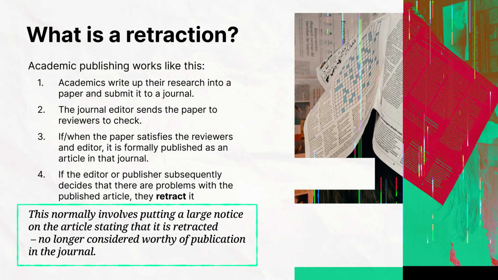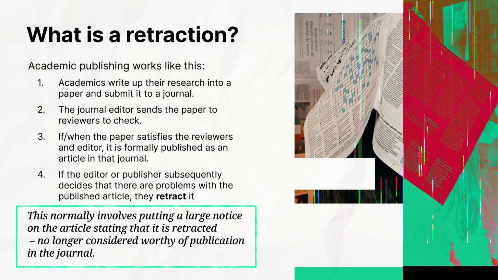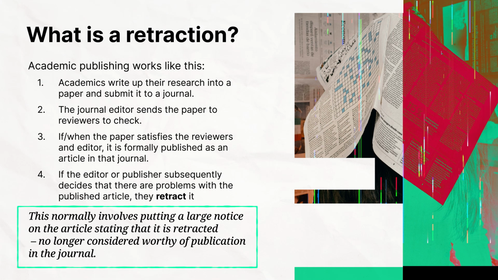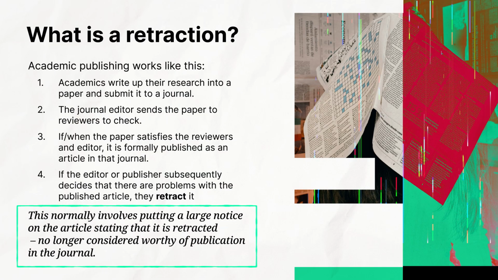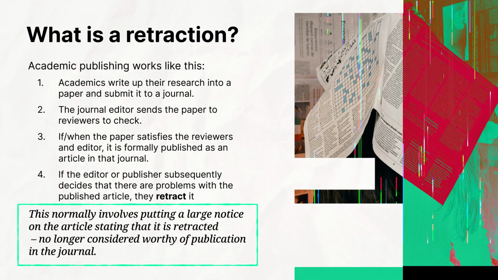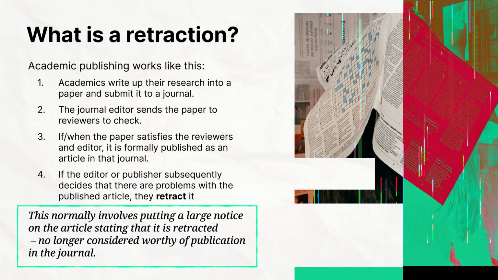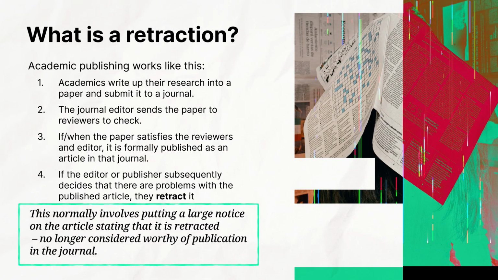So the problems might be something that the authors themselves discovered, and they realised that they'd made a mistake, or something else had happened which meant that their research wasn't trustworthy anymore, wasn't reliable anymore. So they write to the editor and ask the editor to withdraw it, or someone else might have notified the editor that there was a problem with the article, and then the editor has decided, okay, this is a big enough problem that I need to remove the article.